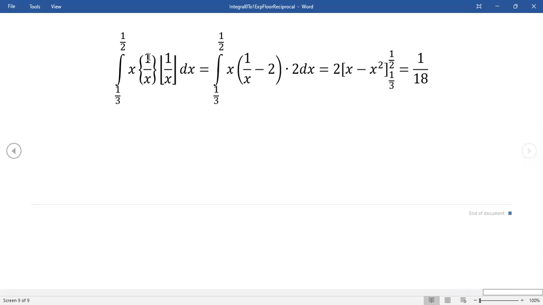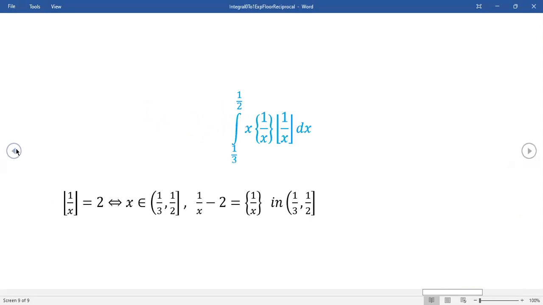We replaced the fractional part of 1 over x with what I just talked about, and the floor of 1 over x with 2, because it's going to be easier to integrate.